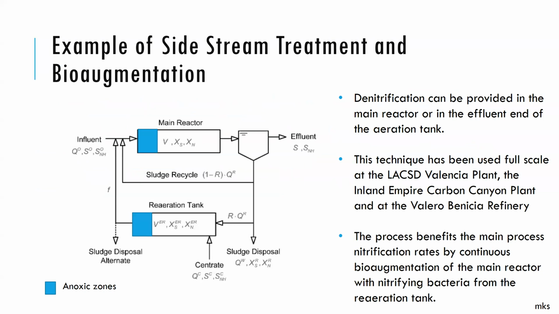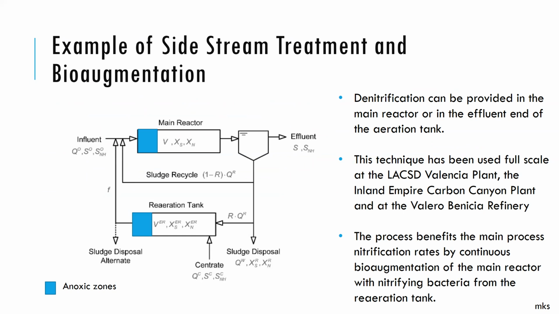So this is one example of side stream treatment, and this is from one of my papers. And it's an example of reaeration in the recycle line. And so what you see there is a normal MLE type activated sludge process.